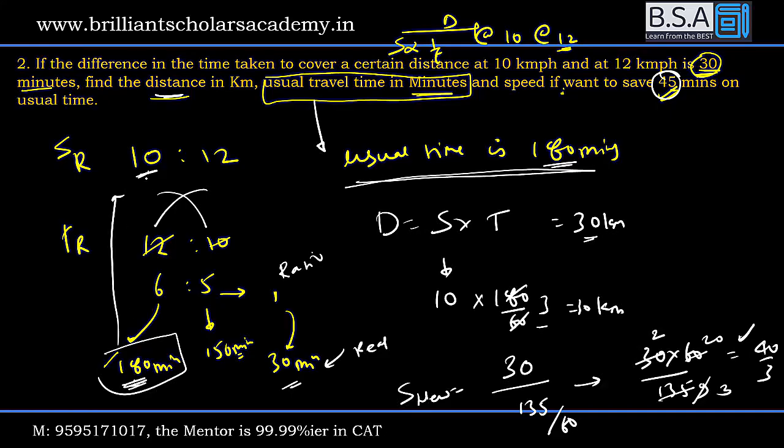So 3 hours with the speed of 10. So journey is 30 kilometers.